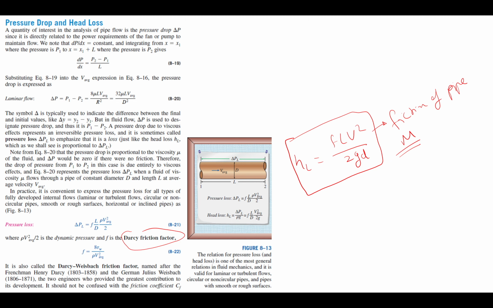but some minor losses are also there. Major loss is only due to the friction, but minor losses come from different types of setups in the pipe, whether valve, L junction, T junction, everything.